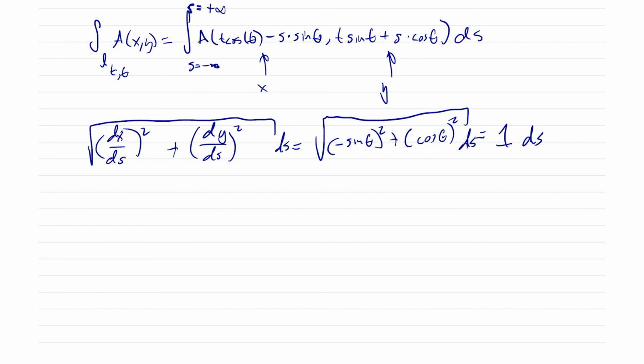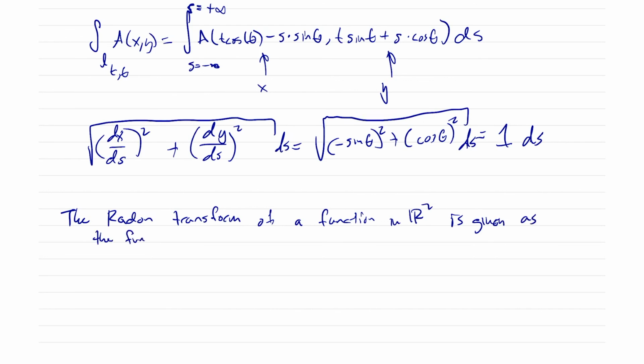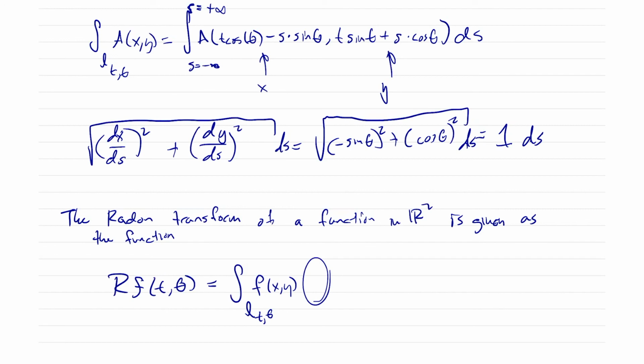Ultimately, the Radon transform of a function on R squared is given as the function R f of t, theta equal to the integral over L of t, theta of f of x, y, where we're suppressing all the parameterization in terms of s. And so this is basically the Radon transform.